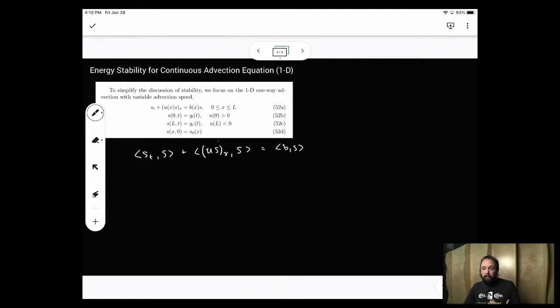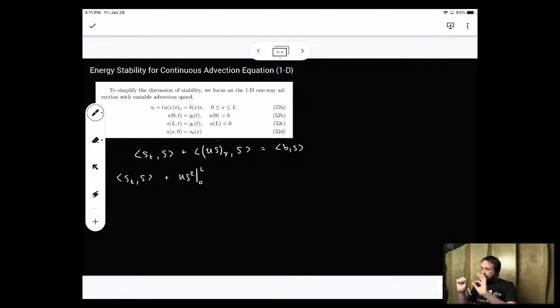The first thing we're going to do is an integration by parts on this flux term. So let's take a look at what that looks like. I'm just going to carry down this first term, ds dt, inner product with s. Remember, what we end up doing with an integration by parts is we get this whole thing evaluated at the boundaries without the derivative. So I get us squared evaluated at the boundaries.